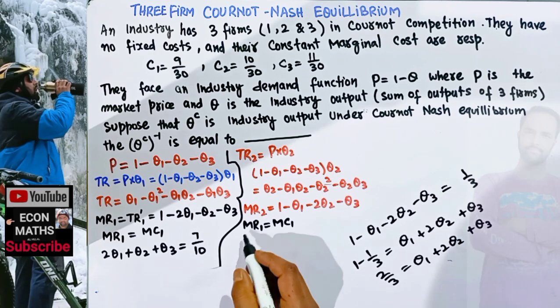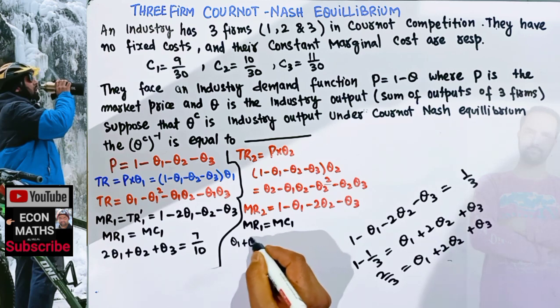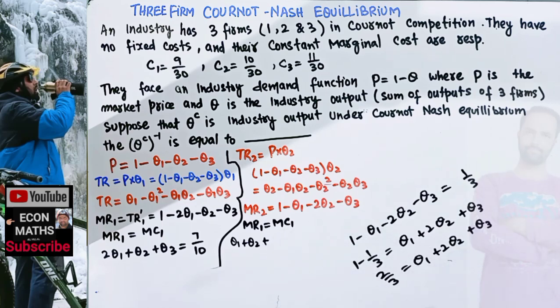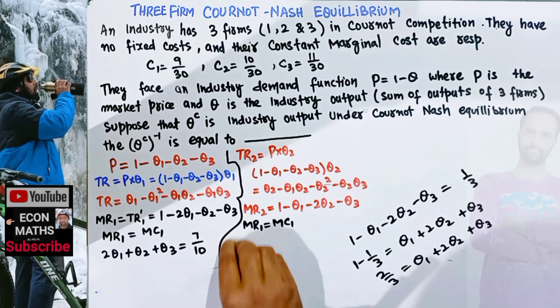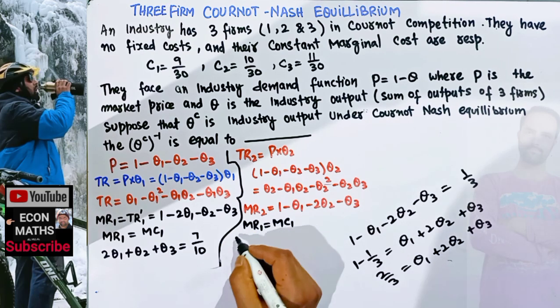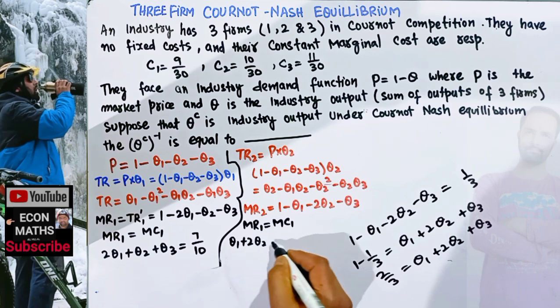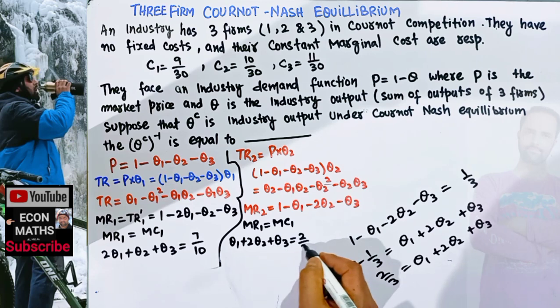Okay, so we will get another equation, Q1 plus twice Q2 plus Q3 is equal to 2 upon 3.